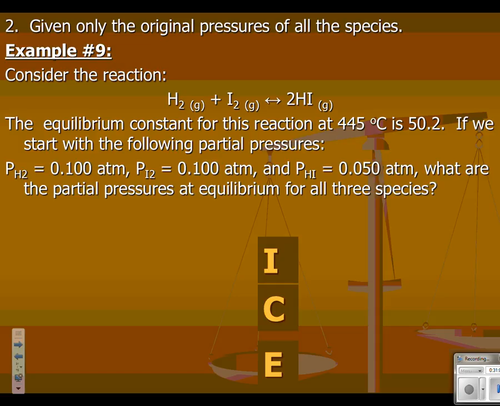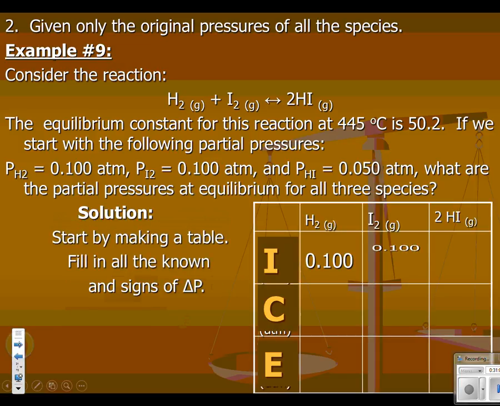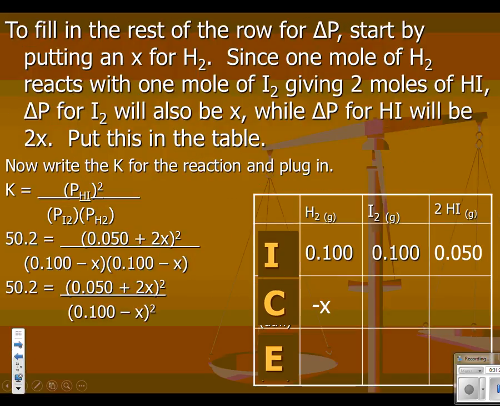Okay, so here's the problem. We've got the K, we've got the beginning pressure, so we've got the I's. So if we plug in, start by making the unknowns. Okay, we have all the I's. And we know what's going to happen as far as adding and subtracting. And we know if we say X in this, that the last one will be a plus 2X, right?